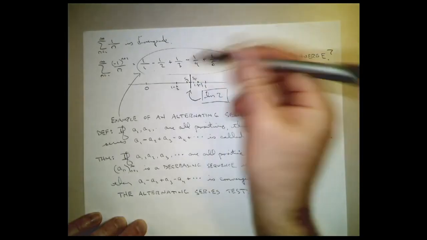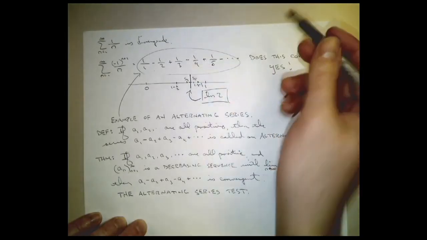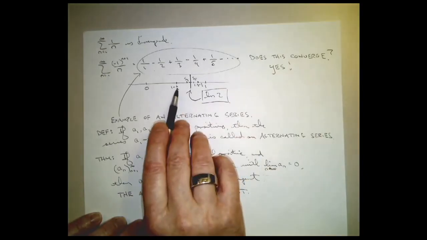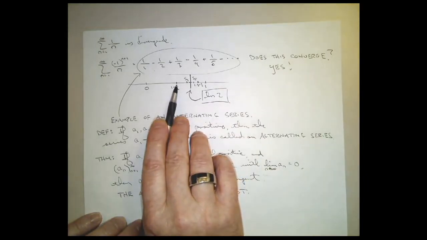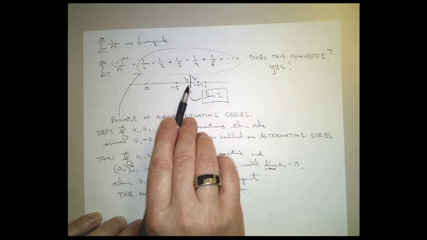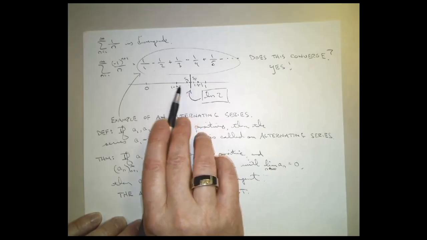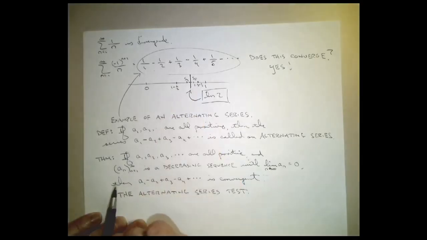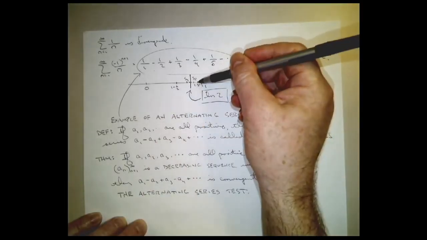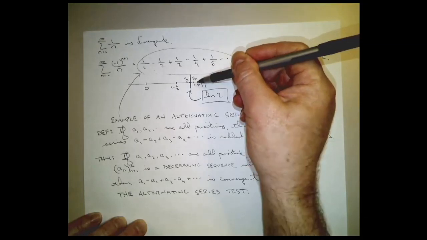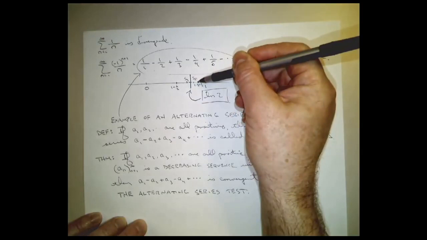So what's that telling us? Well, what it's telling us is that 1 minus a half approximates the sum of the series to within a third of its actual value. The third partial sum approximates the sum of the series to within a fourth of its actual value.